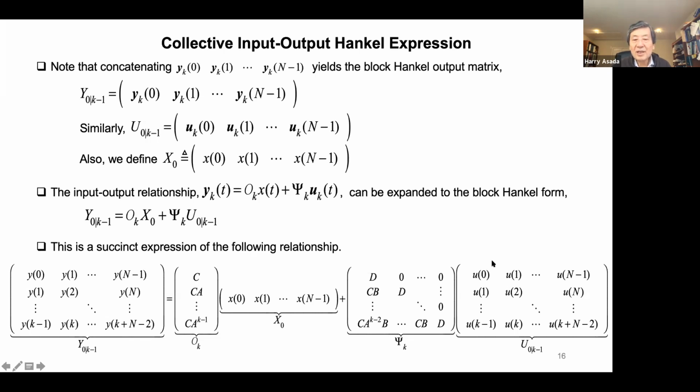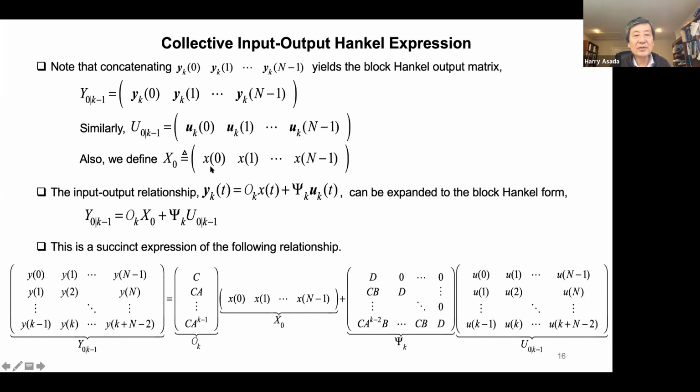So all of this can be written with everything expanded in the big matrices: the input Hankel matrix sitting here, the output Hankel matrix, the observability matrix, and the Toeplitz matrix. And sitting here is the state X0, X1, Xn minus 1, concatenated in this way.